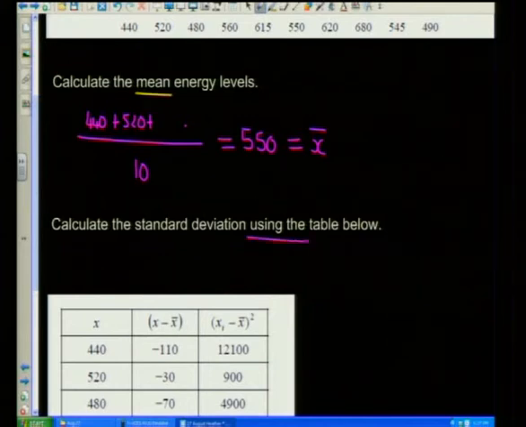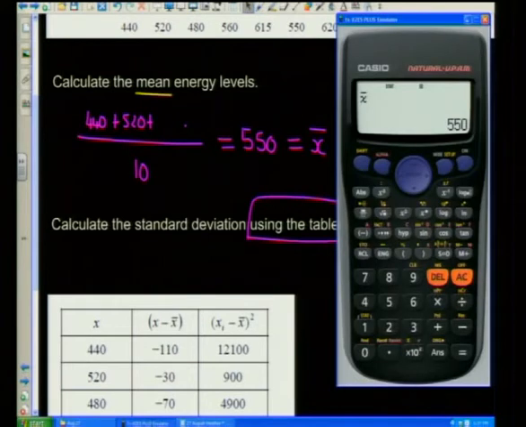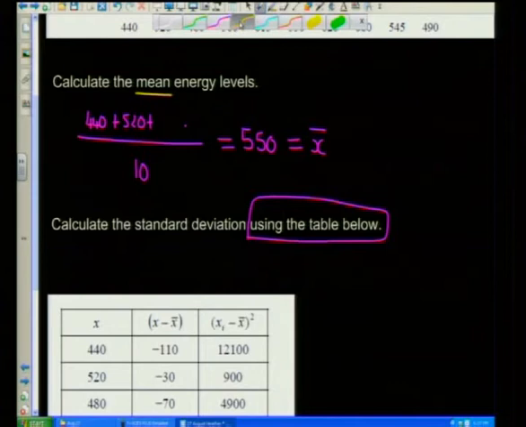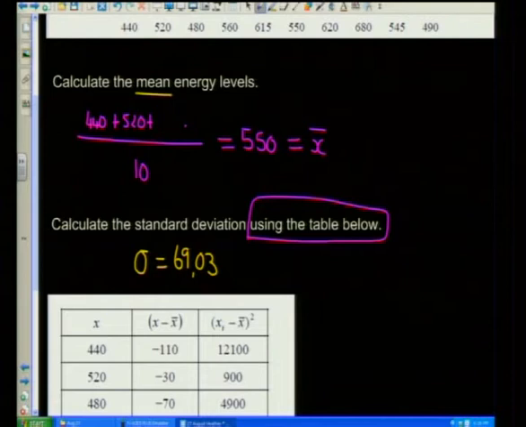Now, if they didn't say using the table below, then using what you've just done, you would be able to get your standard deviation, which is number 3, and it tells you that your standard deviation, to 2 decimal places, is 69.03. But they didn't say just do it the easy way. They want you to use the table below.